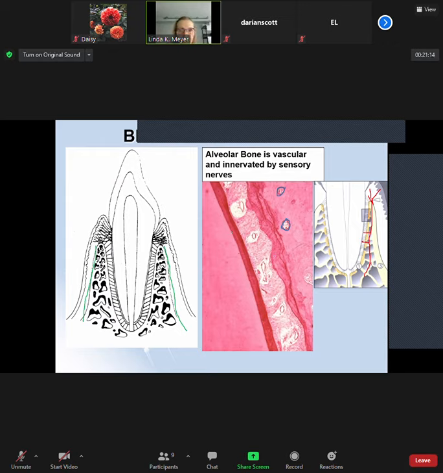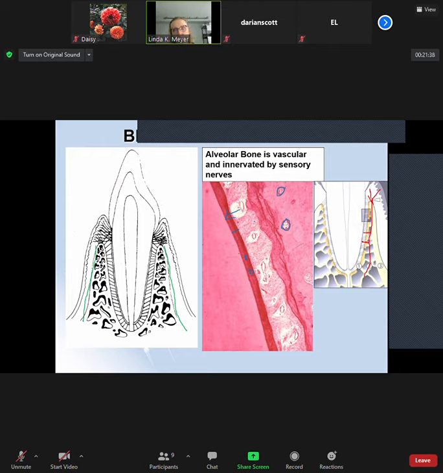Cementum, on the other hand, if you look at it right here, there are no areas like this that have blood vessels. There's no blood supply, and cementum relies totally on the PDL for its nourishment.